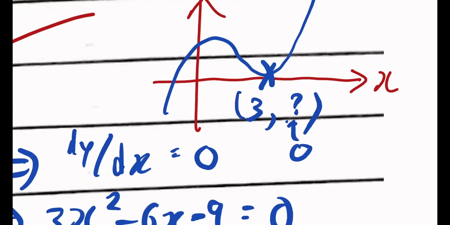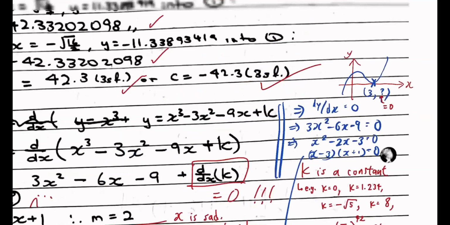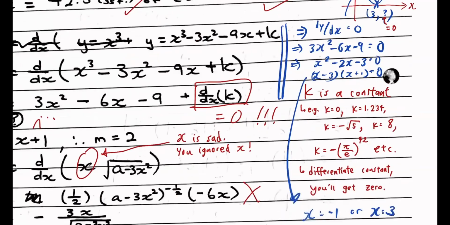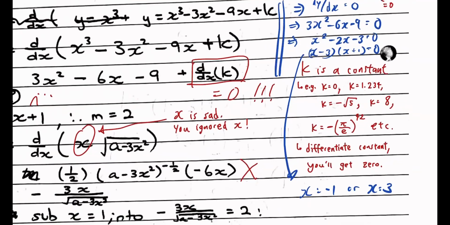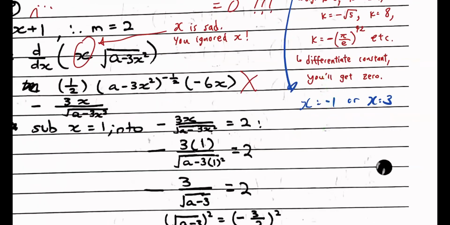Yes, 0, correct. It has to be 0 because it's on the x-axis itself, right? So we have x equal to 3, y equal to 0. Then you can sub in. Of course, you can do the same thing with x equals negative 1. My picture is not accurate, so maybe the graph looks something like, I don't know. Let me think a bit. Let me try and visualize this.